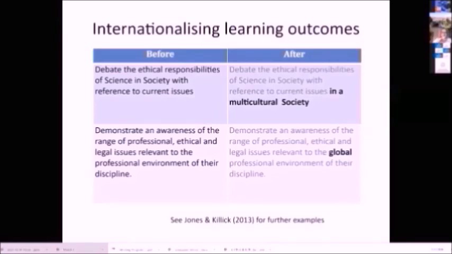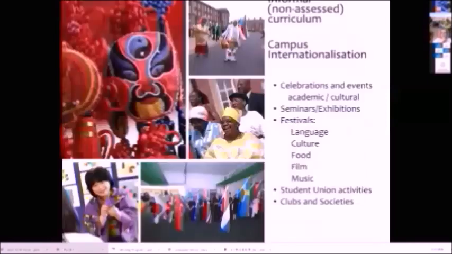On the next slide, we can see that the other side of curriculum that we need to think about is the informal, the non-assessed curriculum. How can we create an international and intercultural experience on our campuses? And here are just a few examples of this. These are from my own university, some of the activities that we did.